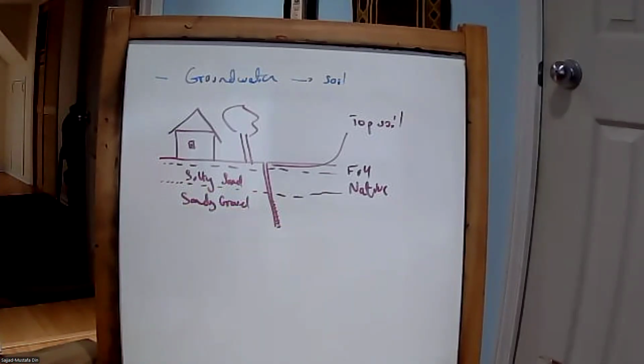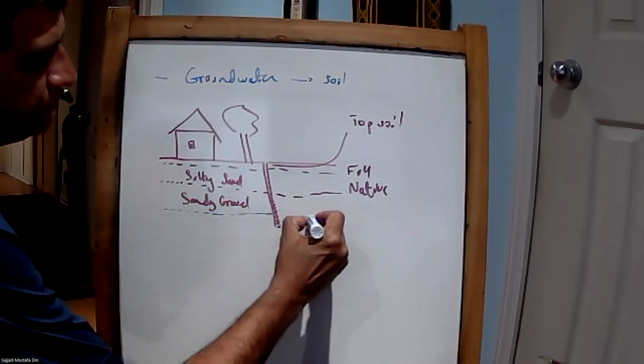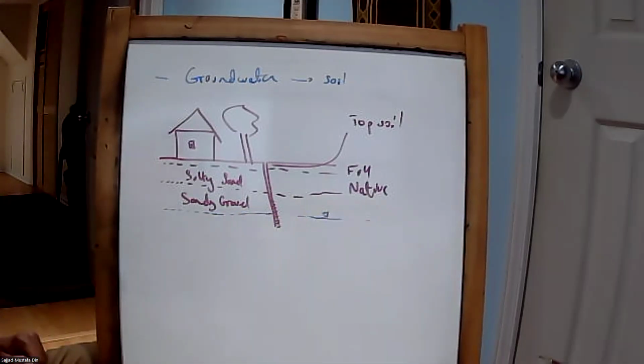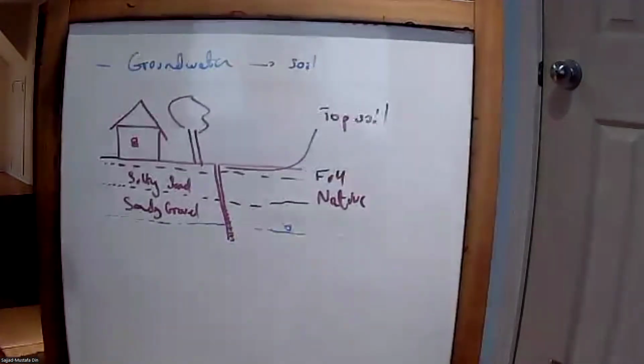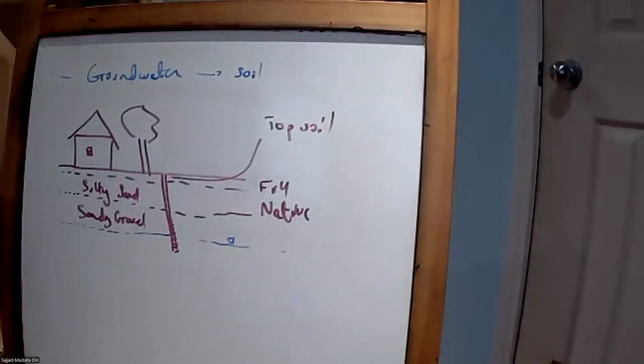That's where you've got the aquifer. At some point, you're going to run into what is known as the water table. That is the groundwater that exists in the subsurface.